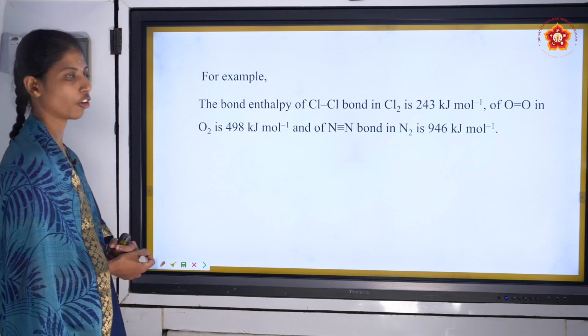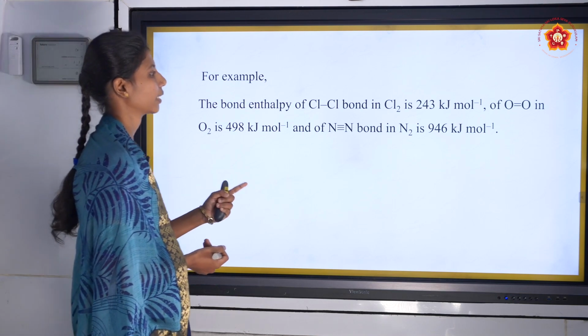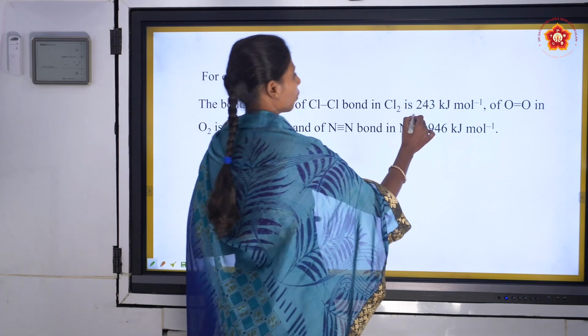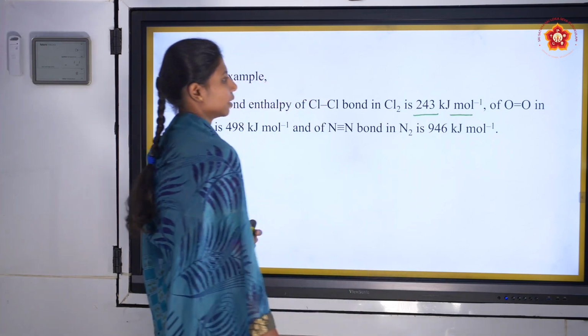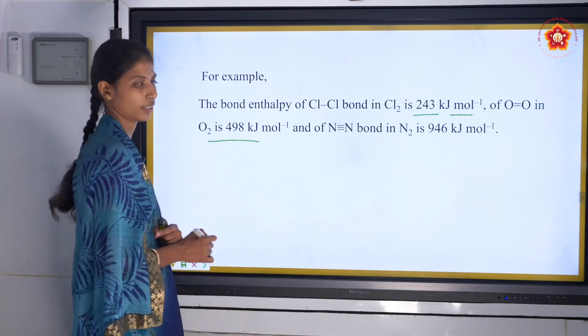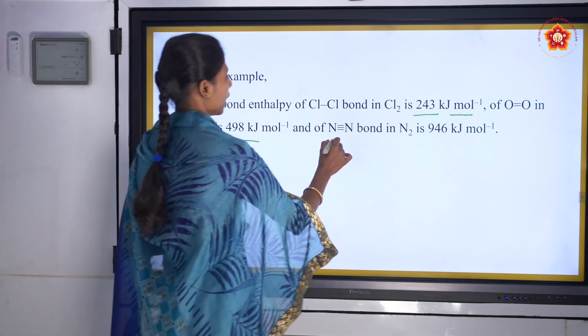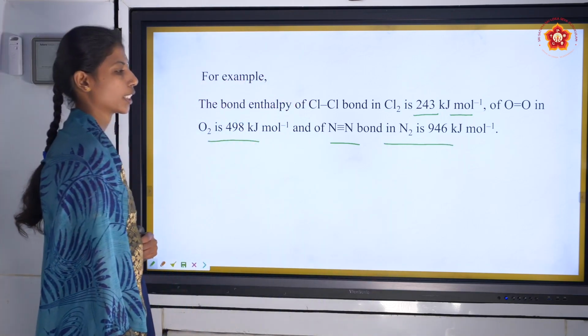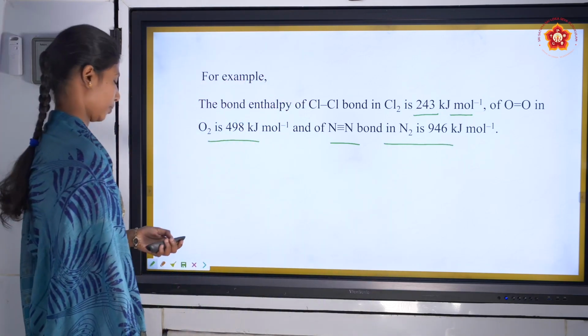Example, the bond enthalpy of the Cl-Cl bond in Cl2 is 243 kilojoules per mole, O double bond O in the O2 molecule is 498 kilojoules per mole, and nitrogen N2 is 946 kilojoules per mole.